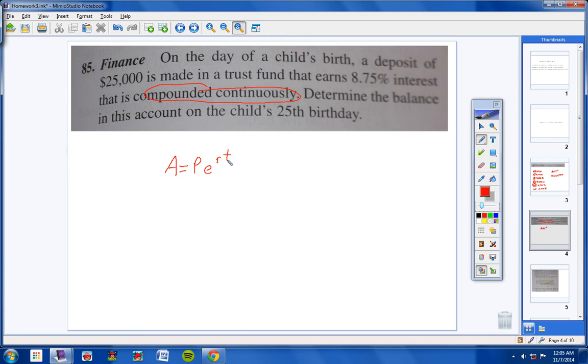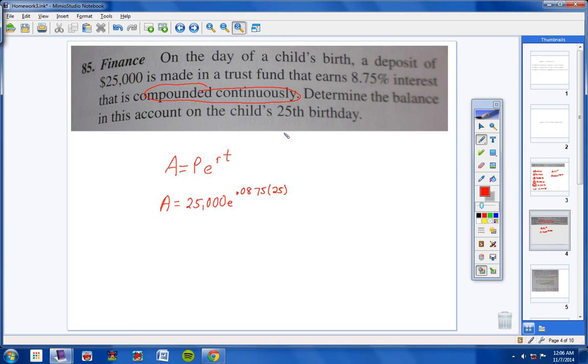this right here. Okay, so where the P is, I will put 25,000. For the R, I will put 0.0875 times T. Now T is 25 because it says we're going to leave the money in until the child's 25th birthday.